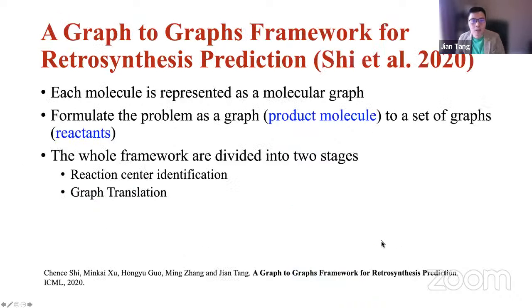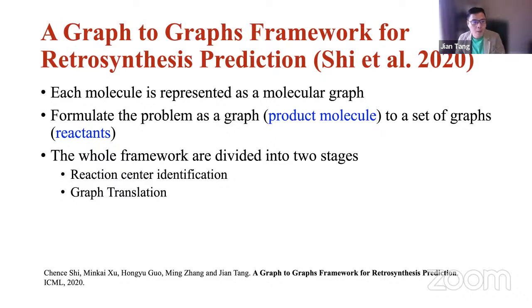That's why we developed a new framework called a graph-to-graph framework for retrosynthetic prediction, trying to map the input product molecular graph to a set of reactant graphs.